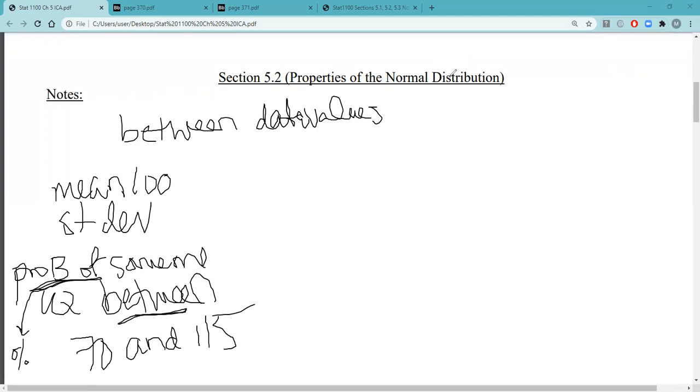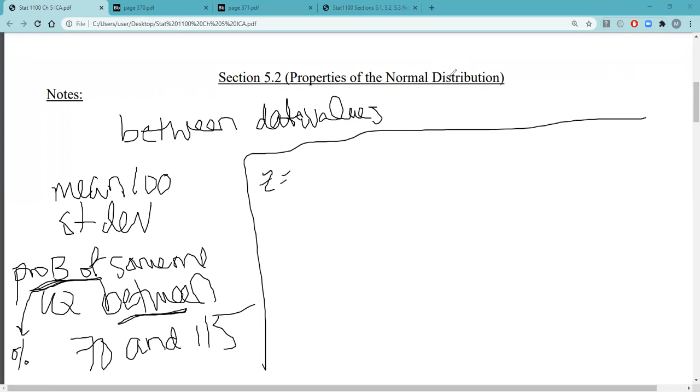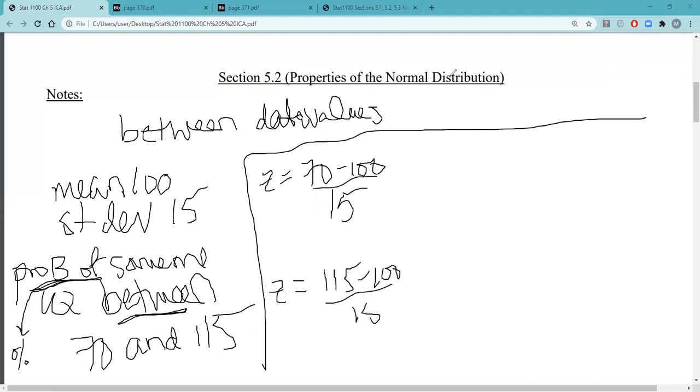So the first thing we need to do is standardize both of those. So we need to find what is that on a z-score. So 70 minus the mean over the standard deviation. For both of those data values, 115 minus 100 over 15.